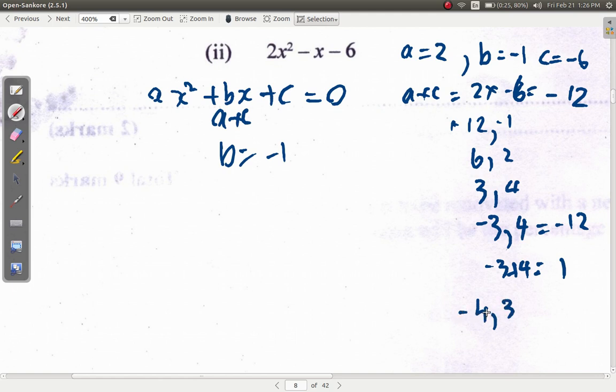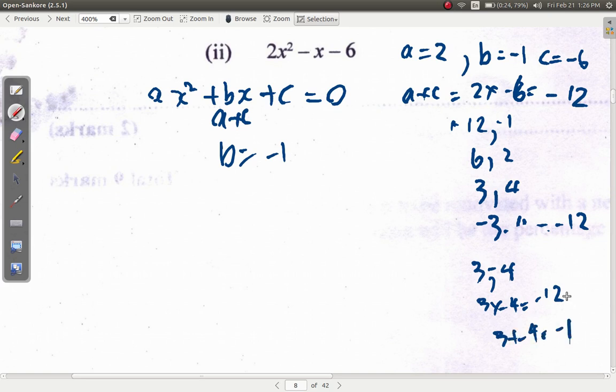So you should make the 4 negative instead. Let's keep the 3 in front. 3 and the 4. Make the 4 negative. So we have 3 by negative 4 gives you negative 12, and 3 plus negative 4 is negative 1. So the numbers that you will use are 3 and negative 4.